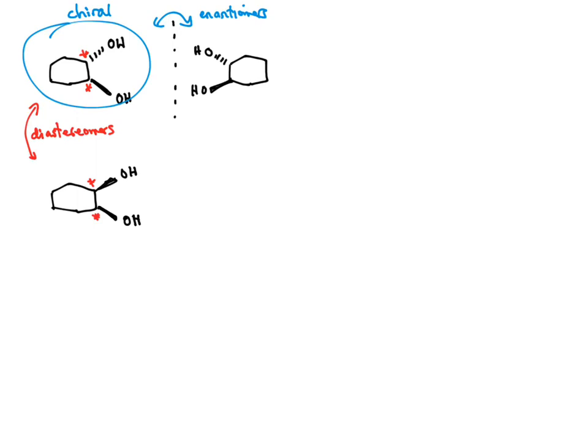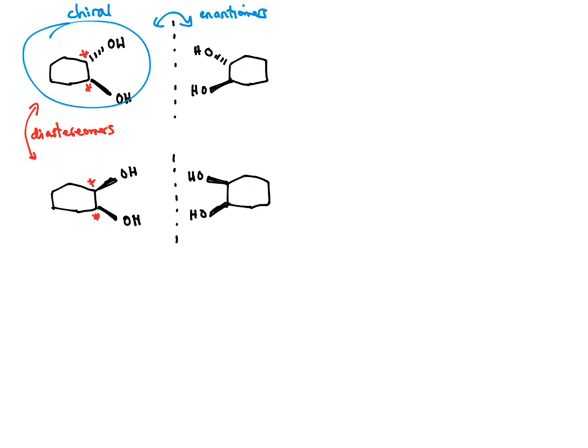But we need to determine whether or not this molecule is chiral or not. And so we need to draw its mirror image and try to see if we can superimpose that mirror image upon the first one. And so the mirror image looks like that. And now when you rotate that 180 degrees clockwise, you will see that all of the groups will superimpose upon the first molecule.